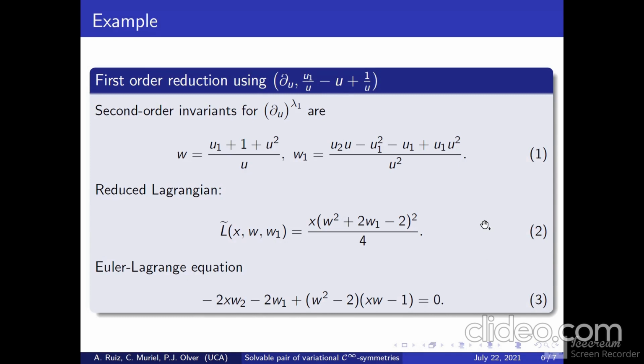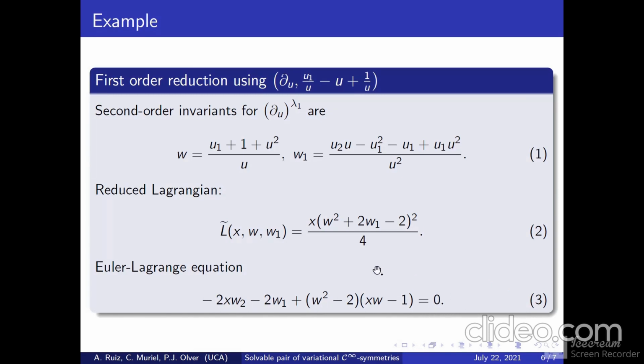Here, an important remark is that this second-order ordinary differential equation does not admit Lie point symmetries either, which also means that the reduced Lagrangian does not admit variational symmetries. So again, it seems difficult to solve this second-order Euler-Lagrange equation by means of standard methods.